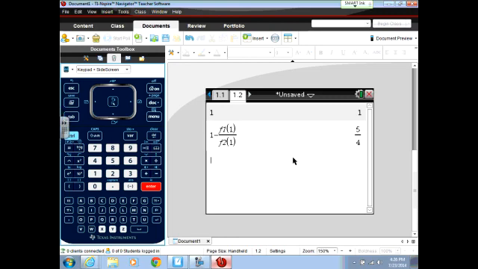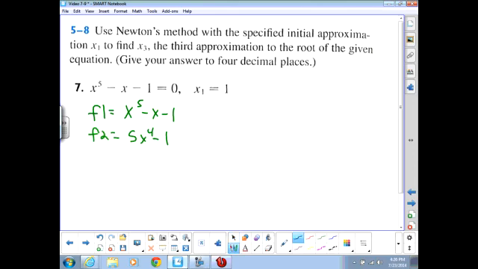That also can be 1.25. So x2 will equal 1.25, or you could write it as 5/4.